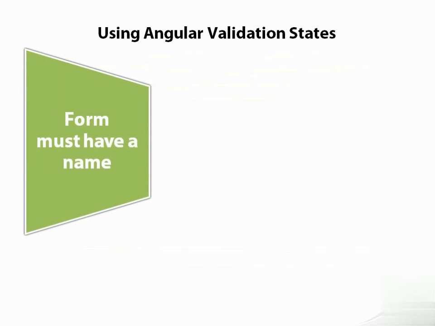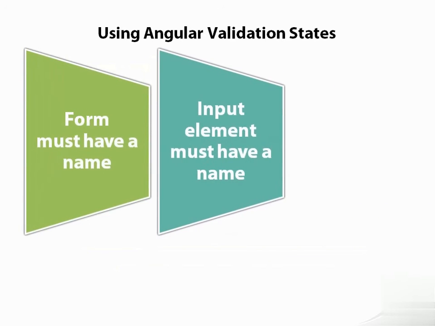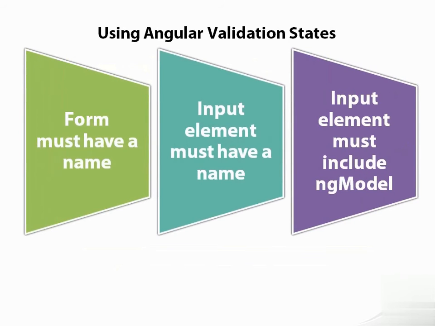The form must have a name. The input element must have a name. And the input element must be bound using the ngModel directive. The ngModel directive must be set for Angular to define the validation states. So let's show the user the validation errors by marking the elements with the has-error style class using this technique.